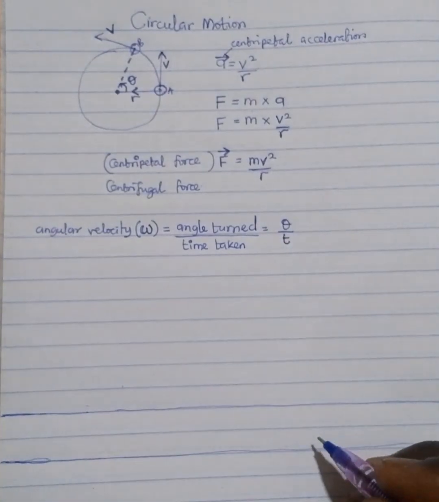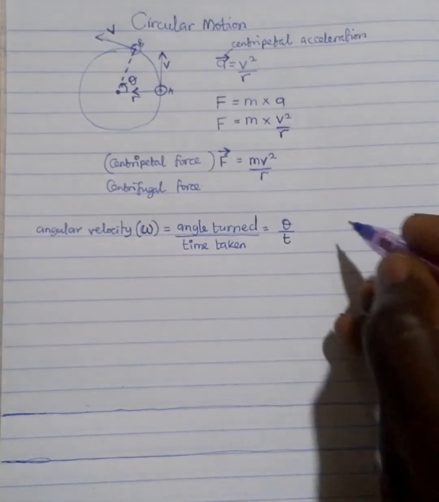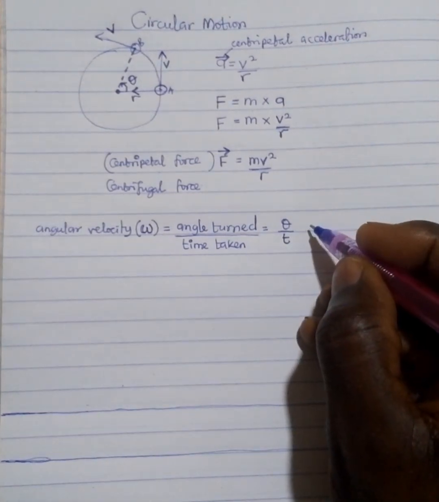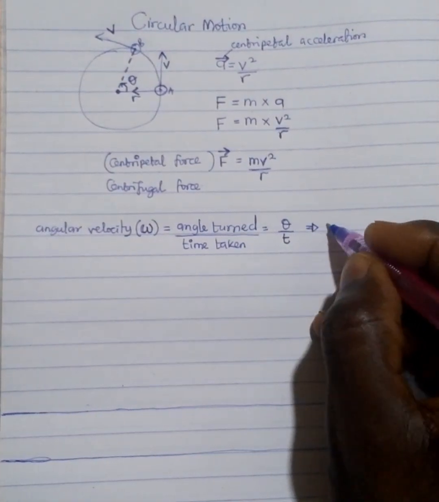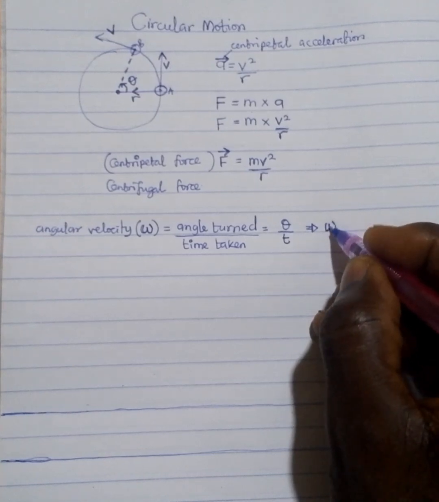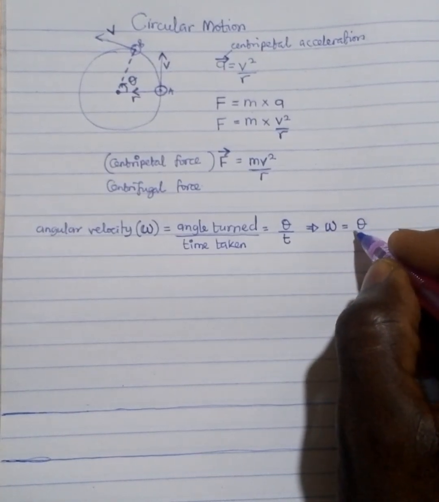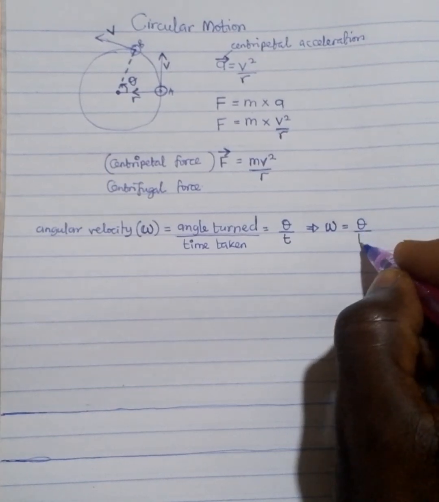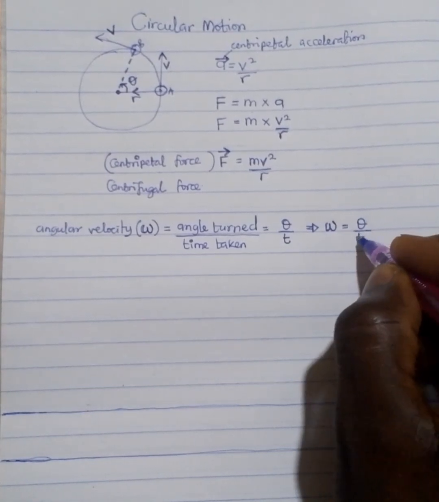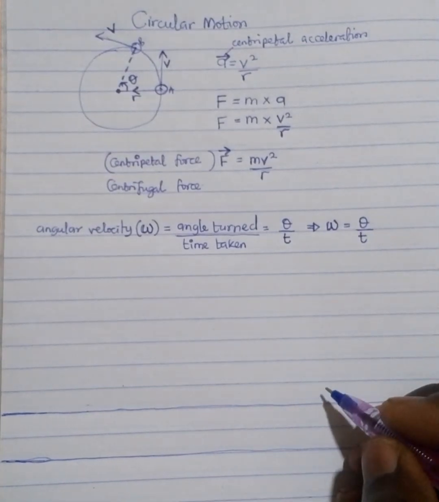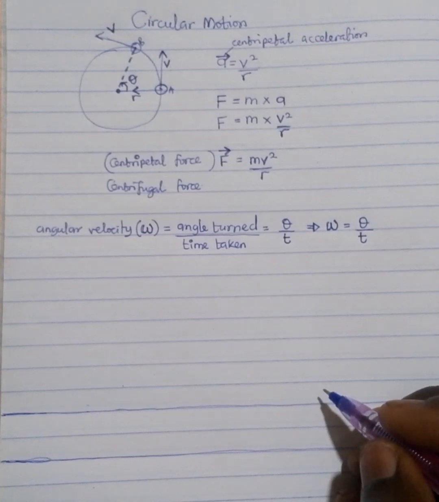So we can write that angular velocity is equal to theta, the angle turned, divided by t, which is the time taken. We should take note of that.